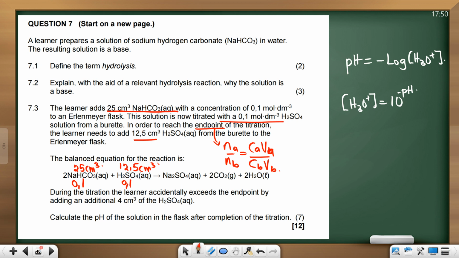But let's check what this learner did. During the titration, the learner accidentally exceeds the end point by adding an additional 4. I love this. Now, if you have been distracted before, please don't be distracted.